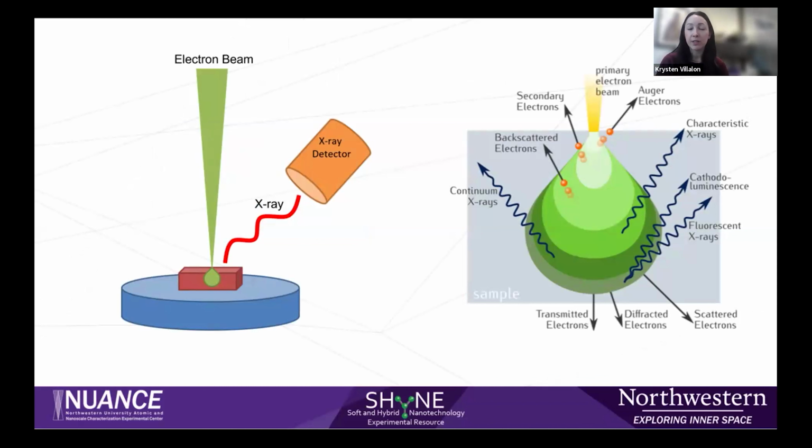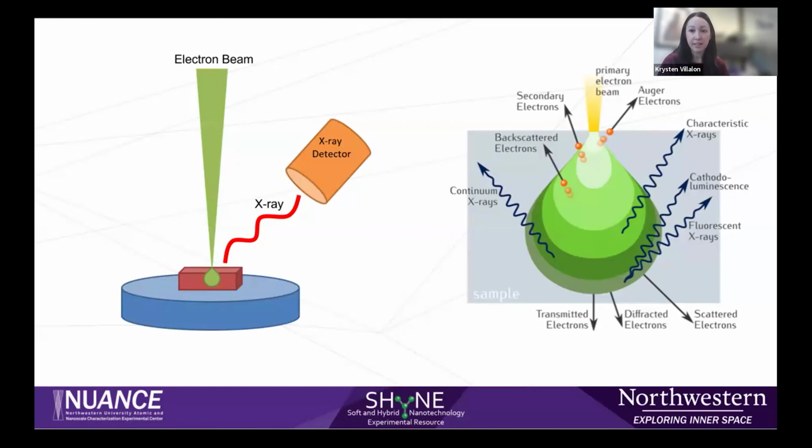So when you're imaging your sample, you have your primary electron beam hitting your sample. And when that primary beam hits your sample, it interacts with what we call an interaction volume. So a volume of material that electron beam is penetrating through, and it's going to cause a number of different processes to happen that release a number of different types of signals.